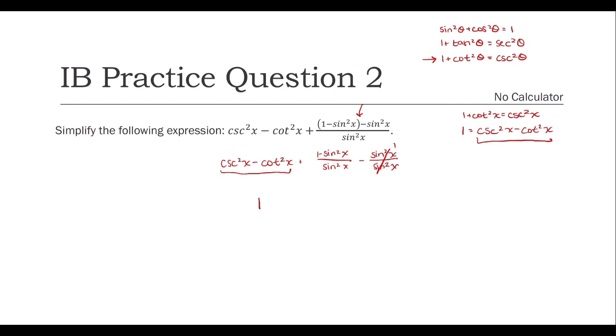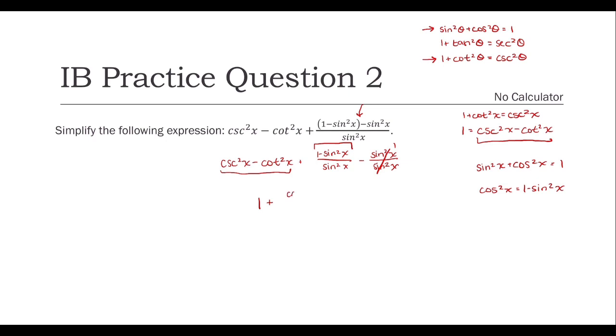So we have 1 plus 1 minus sine squared x over sine squared x. So our first Pythagorean identity has a sine squared x and a 1. Let's see if we can manipulate that to match our 1 minus sine squared x. So sine squared x plus cosine squared x equals 1. So if we subtract sine squared x, we get cosine squared x equals 1 minus sine squared x, which matches what we have in our equation.